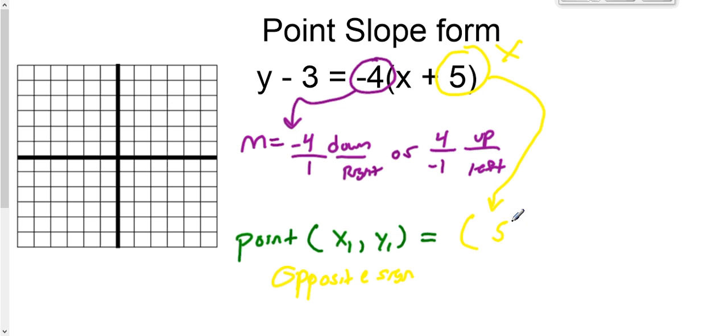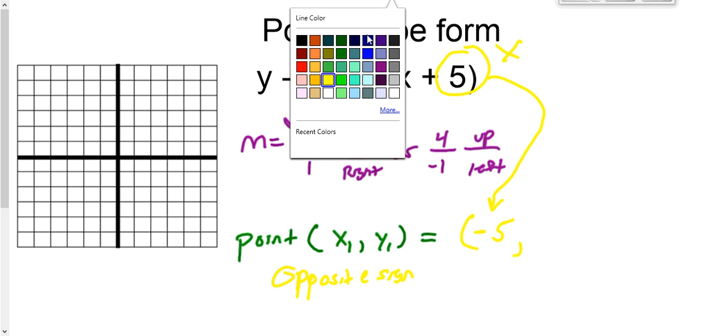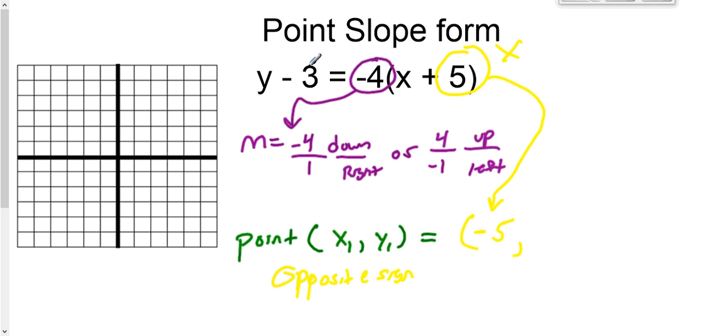We want to put it here, but it has to be the opposite sign as it's listed here, so it's positive. We're going to need the negative. Negative 3, that's y. But we want the opposite sign, so we want the positive 3.